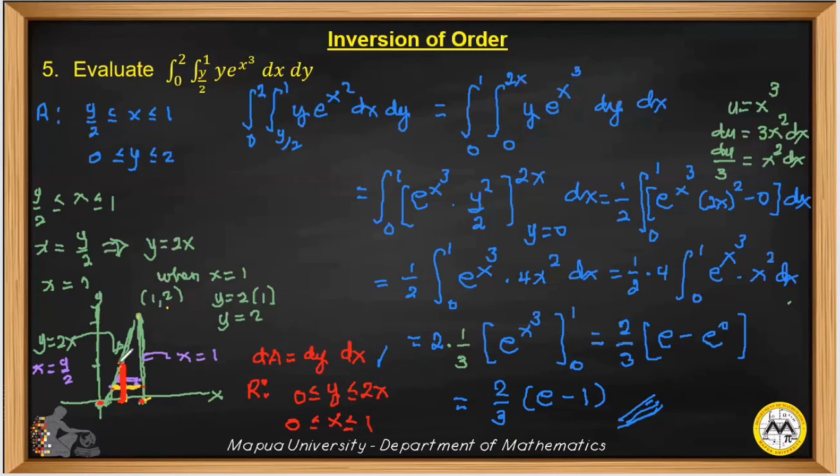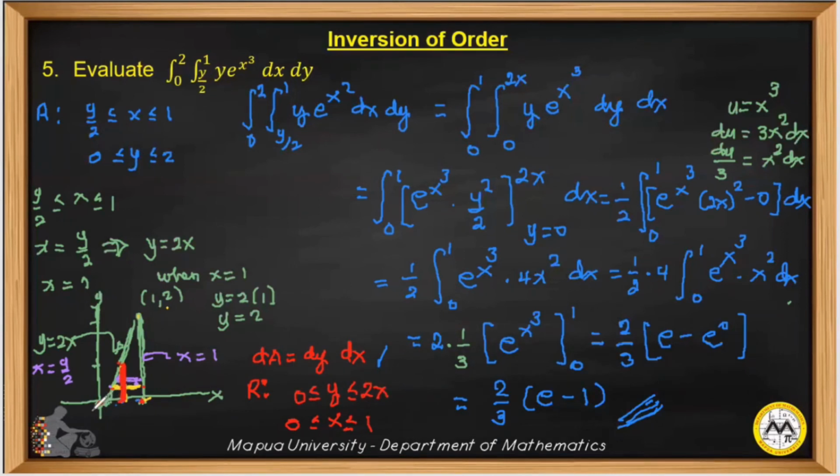So it is vertically simple. It will be more convenient to integrate in y first, then in x. So y will go from lower to upper. The lower is y equal to 0, and the upper is y equal to 2x. So we write y goes from 0 to 2x.